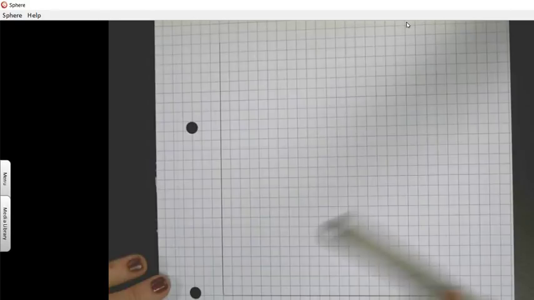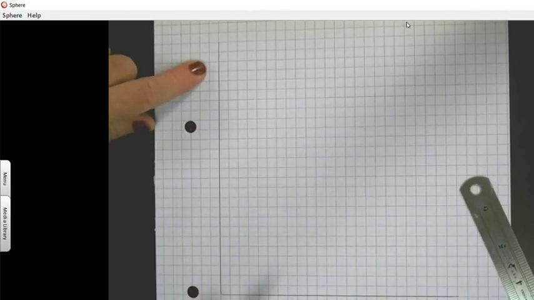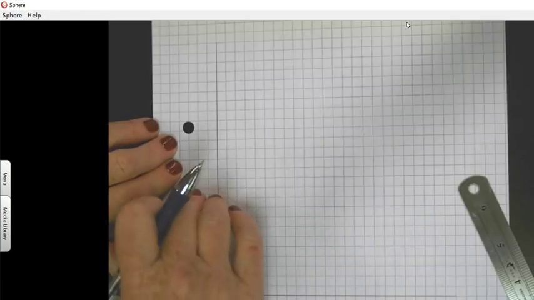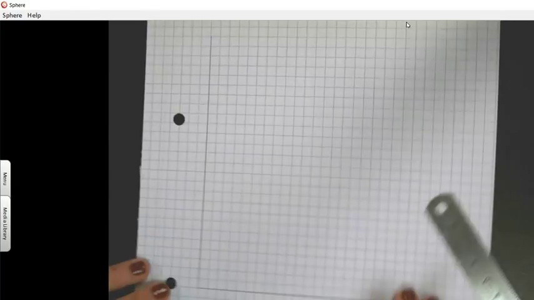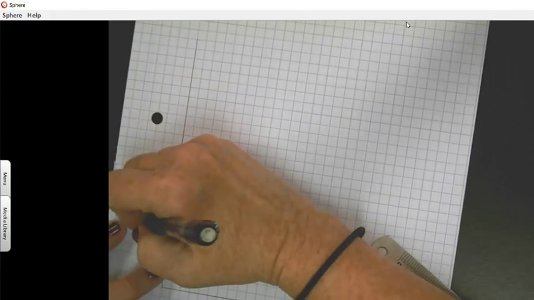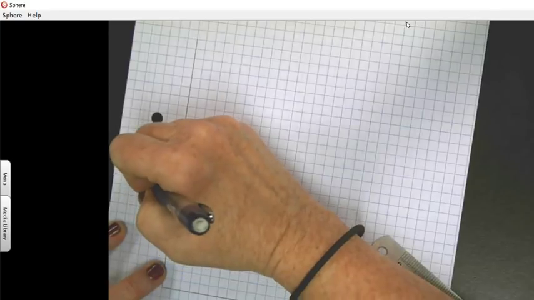Okay? This is going to be my percentage of luminosity, because the percentage of luminosity is dependent upon the day, which would be my independent variable. So I'm going to write percentage of luminosity.